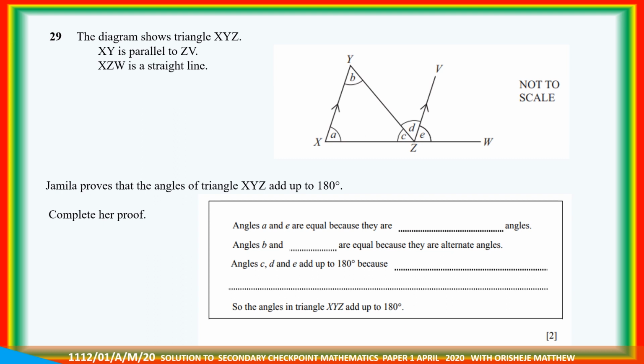Angle A and angle E are equal because they are corresponding angles. They are on top of this line and also to the right hand of the parallel line.